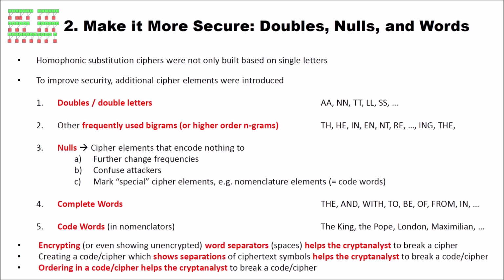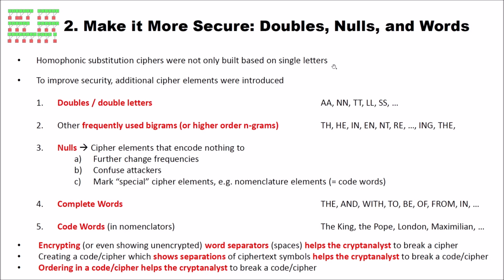Now let's make our homophonic substitution cipher more secure. And we do this as people did in history when they created homophonic substitution ciphers. They introduced doubles, nulls, words, and so on. And homophonic substitution ciphers were not only built based on single letters. So we do not only encrypt an A with a homophone, a B with a homophone, and so on.